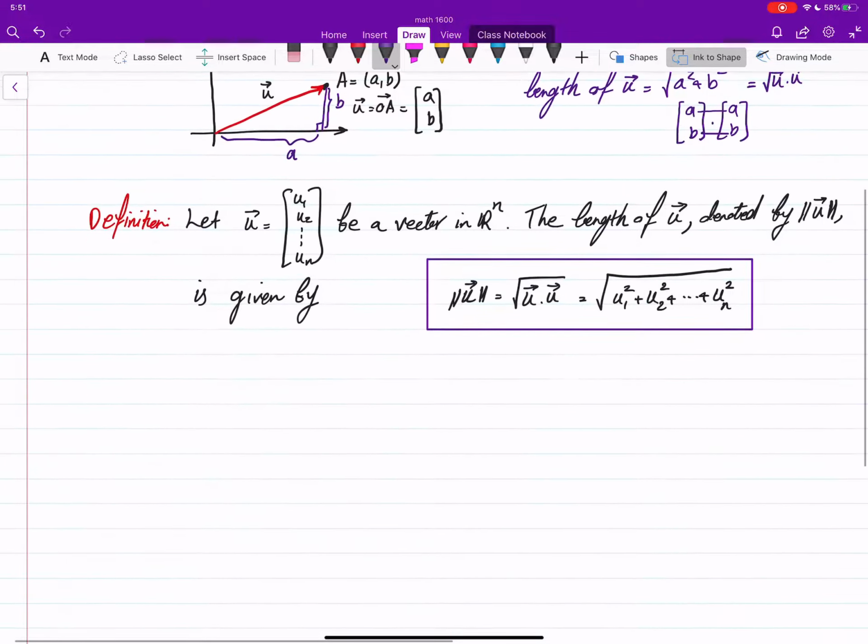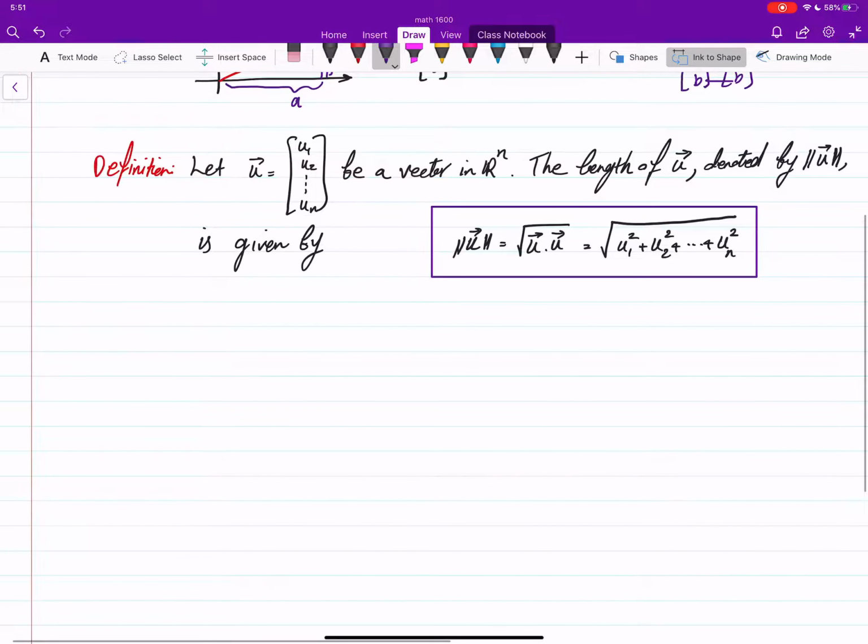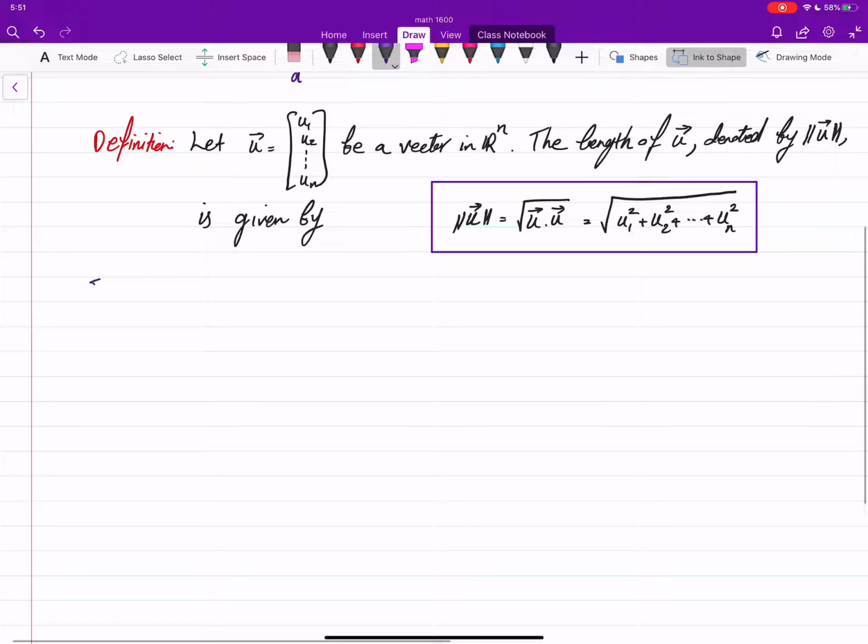Okay, let's do some examples, just quick ones. Example: find the length of the given vectors.